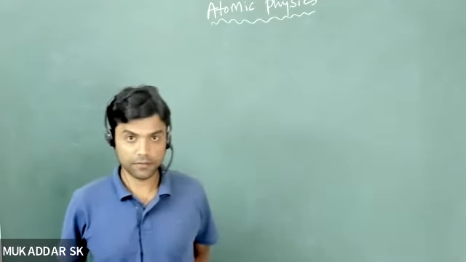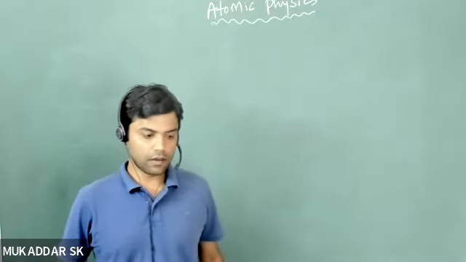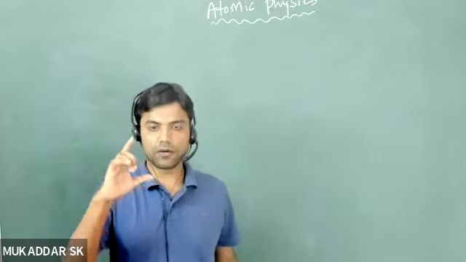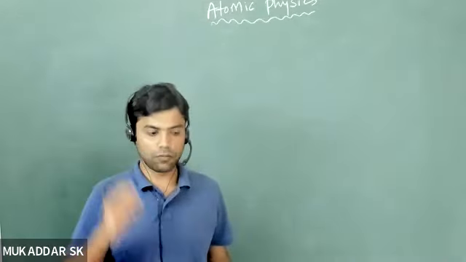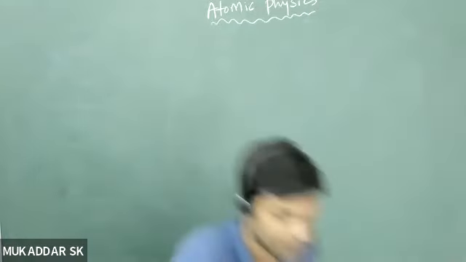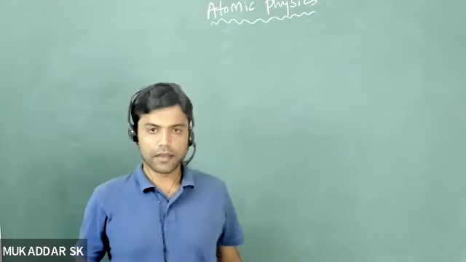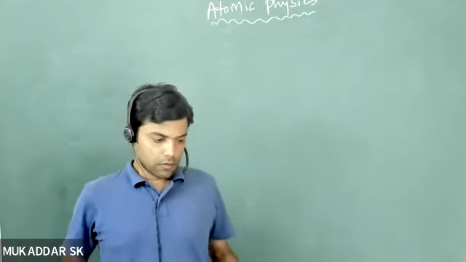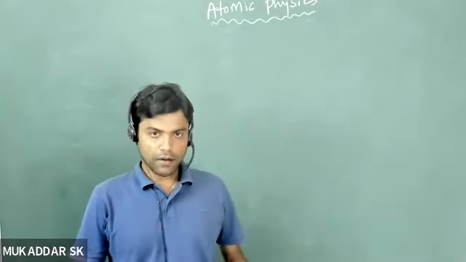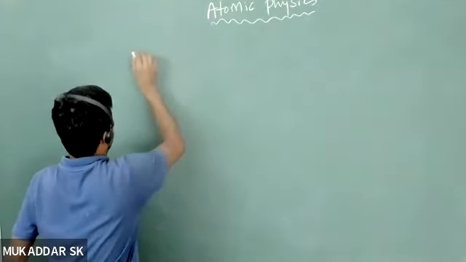Then how much was the separation between these two energy levels, E1 and E2? 10.2 electron volt. Okay, very good. So today we'll learn about the hydrogen-like atom.